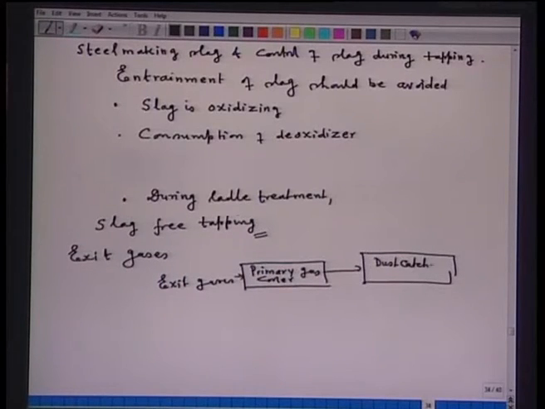A very large amount of dust is there, and this dust is purely Fe2O3. So, you recover it and send it back to the blast furnace, and the gas from the dust catcher is subjected to an electrostatic separator for removing the very fine particles, and then it goes to the blower, and the gas ultimately discharges into the stack.